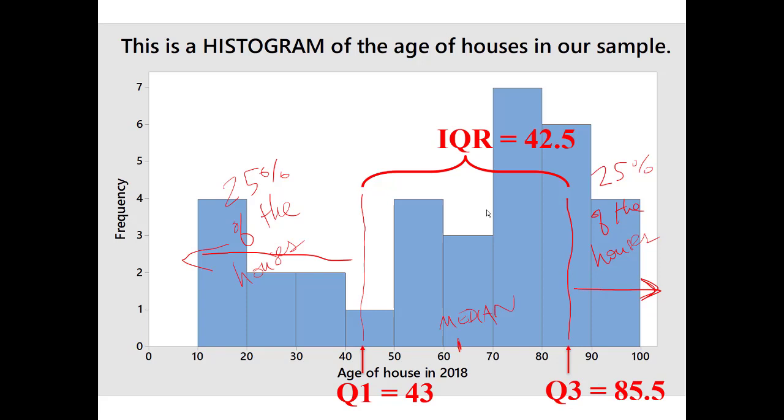This IQR, this interquartile range, captures half, or 50%, of the houses. So 50% of the houses are somewhere between 43 and 85.5 years old, or probably 85.49999 years old.